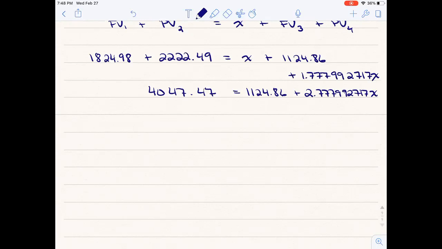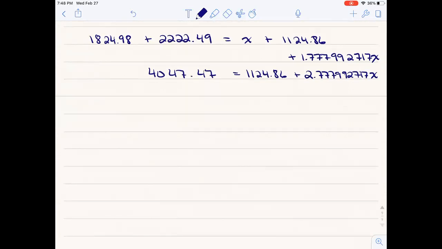So now I'm going to add 1 to my calculator here. Store that again. So solving for x now, I can subtract 1,124.86 from both sides, and I can get 4,047.47 minus 1124.86 is 2,922.61, which is 2.777992717x.